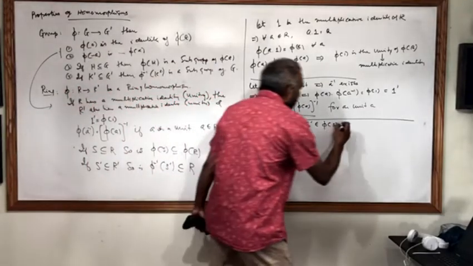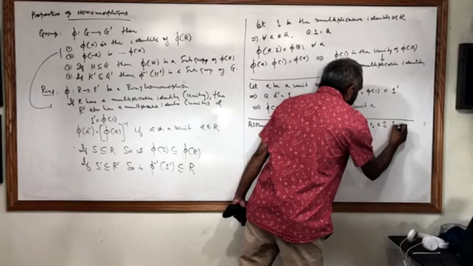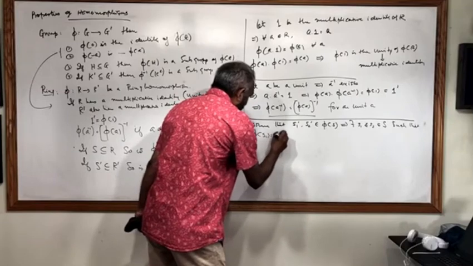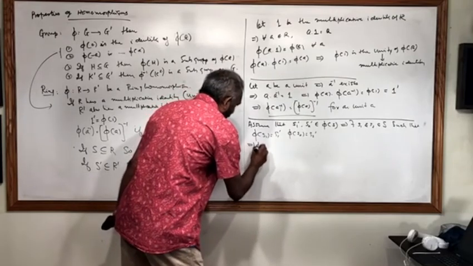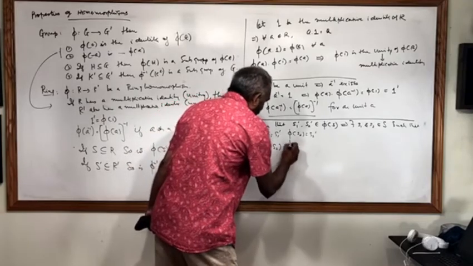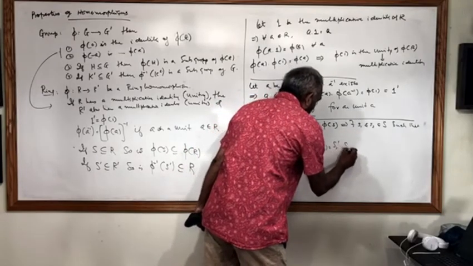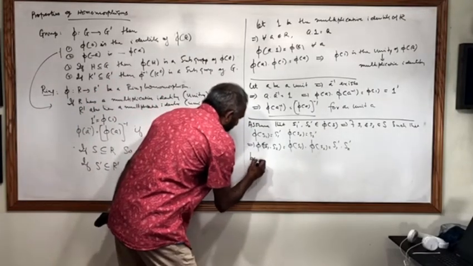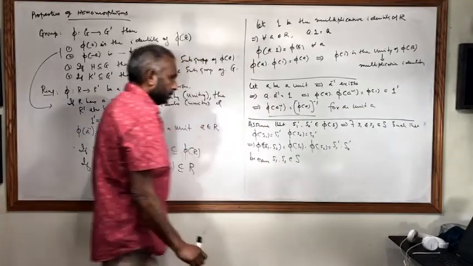and that implies there exist S1 and S2 in S such that phi of S1 is equal to S1 prime, phi of S2 is equal to S2 prime, and that implies phi of S1 times S2 is equal to phi of S1 times phi of S2 is equal to S1 prime times S2 prime, because S1 times S2 belongs to S, because S is a subring.